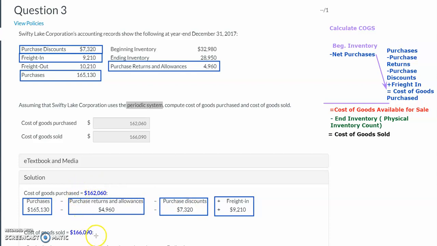The next part of the problem is our cost of goods sold. So for our cost of goods sold, we're going to determine this by taking our beginning inventory, in our problem, that is $32,980 plus our cost of goods purchased.